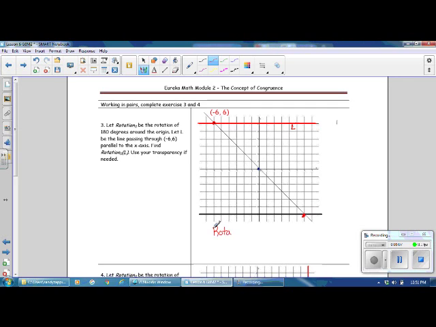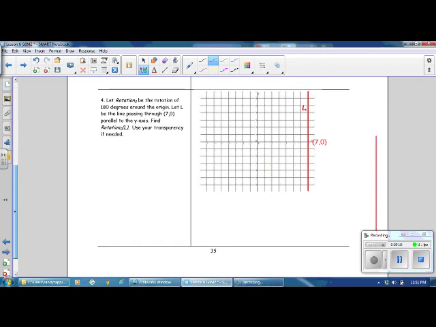We have a rotation around the origin of line L, and we'll call that L prime. Notice the coordinate. The coordinate of the original point was (-6, 6), and the coordinate on the rotated line is (6, -6).